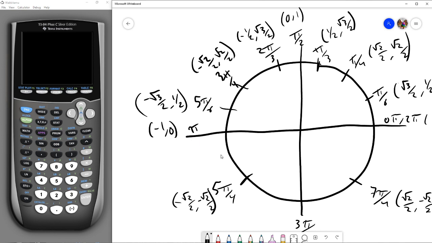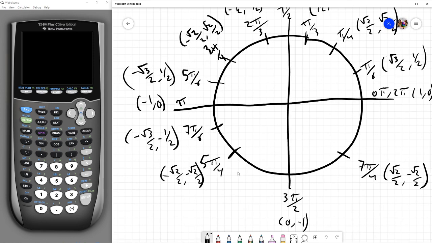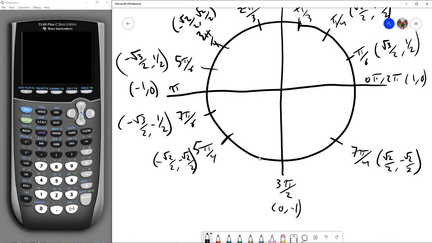Add pi over 6, that brings us to 7 pi over 6. And this will be negative root 3 over 2, comma, negative 1 half. Add pi over 6, that's 8 pi over 6, or 4 pi over 3. This is negative 1 half, comma, negative root 3 over 2.